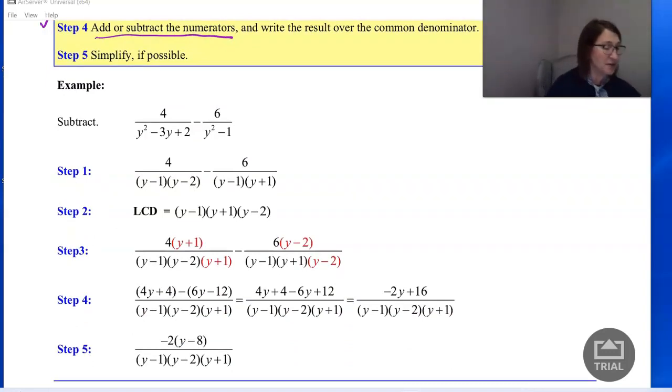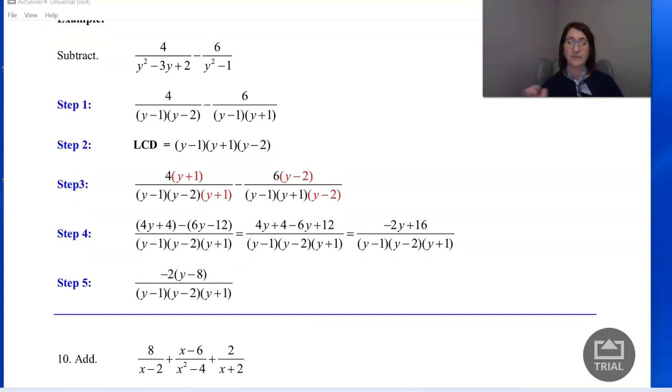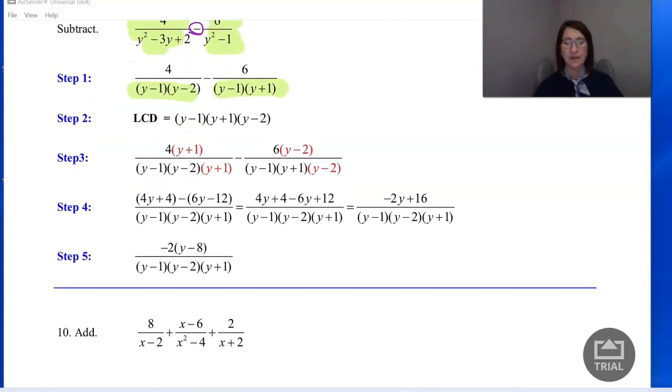We've got this crazy example here. All right, so we'll go through that kind of quickly. We start with 2 rational expressions, and they are being subtracted. So our very first thing is we need to factor those 2 denominators, which we've got. From those 2 denominators, we can find our LCD.